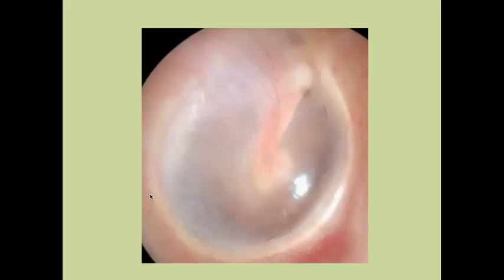Okay, so this is a normal tympanic membrane, and the way I would describe this would be pearly. So you got this nice kind of whitish pink structure here. This is your membrane, and then you can see here the structures of the inner ear.